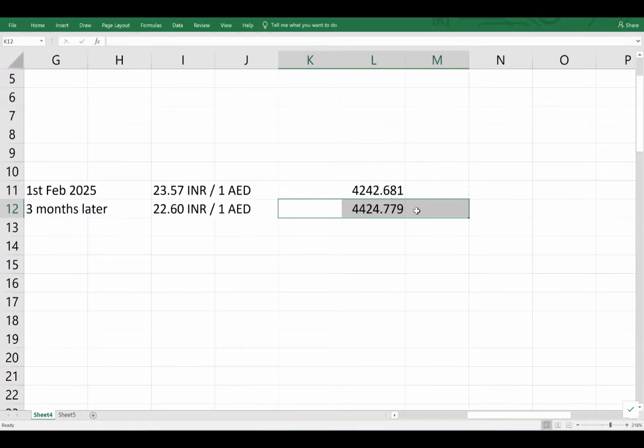Same example, let's say now we buy goods from an Indian supplier today. If we pay today, how much do we have to pay? 4242 dirhams. And if we pay in 3 months' time, how much do I have to pay? I have to pay more. So what does that mean? An importer always wants their currency to appreciate, and an exporter always wants their currency to depreciate.